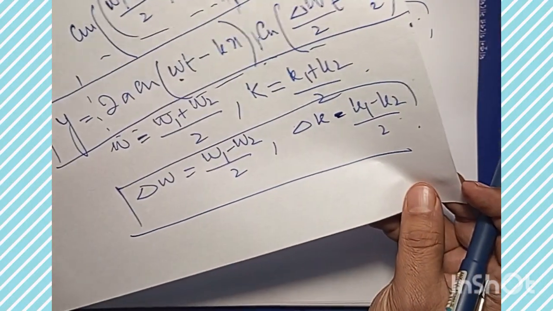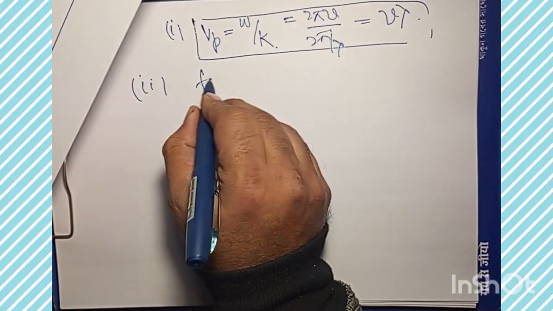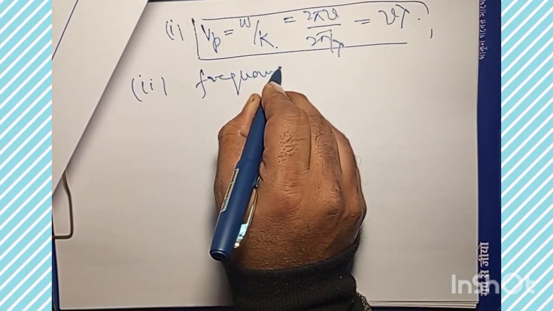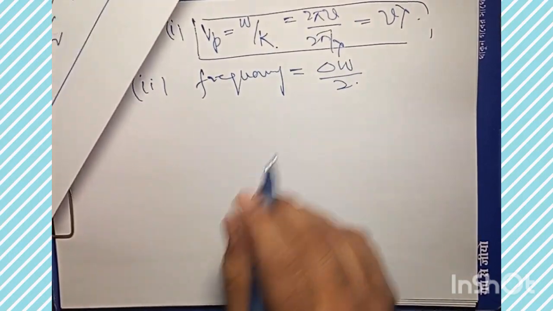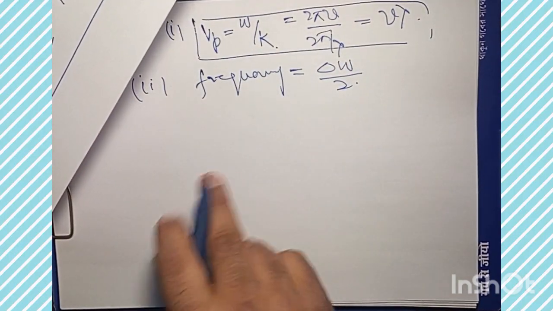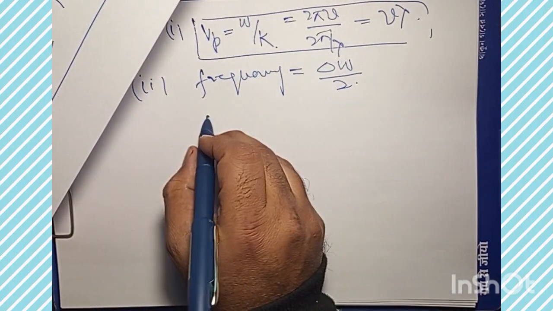But in addition to this, we have a second wave, whose frequency is delta omega by 2. And this group of waves are traveling.